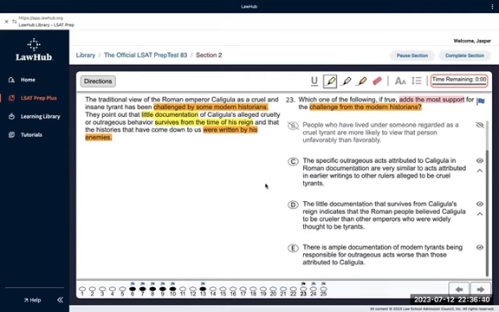C, the specific outrageous acts attributed to Caligula in Roman documentation are very similar to acts attributed in earlier writings to other rulers alleged to be cruel tyrants. So that's interesting. The histories were written by his enemies.